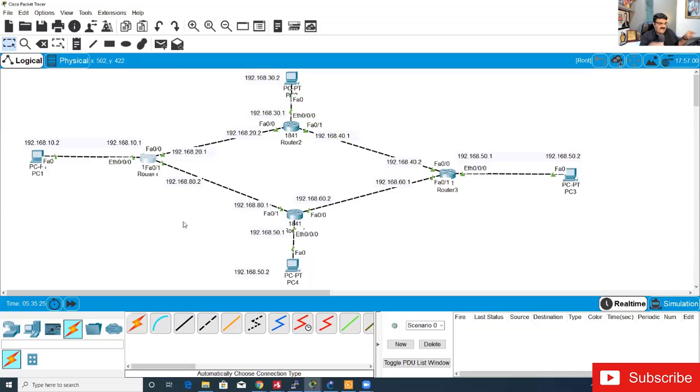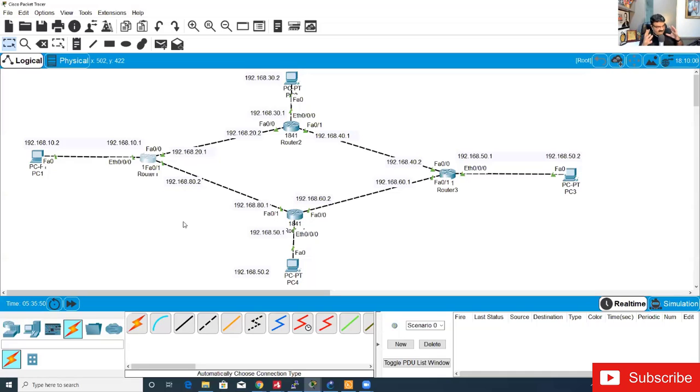But in EIGRP, we have this advantage: it already knows about the second path. It is like knowing that if electricity goes down, I'm having a UPS and everything, a provision system that can start the electricity without any interruption.